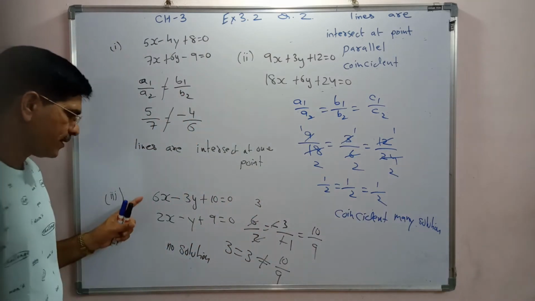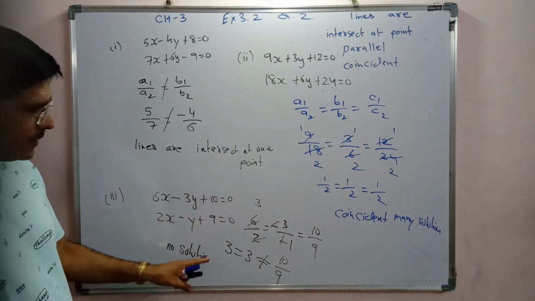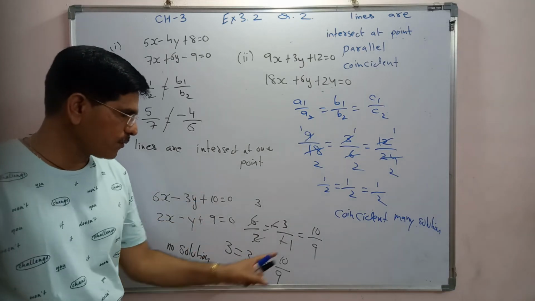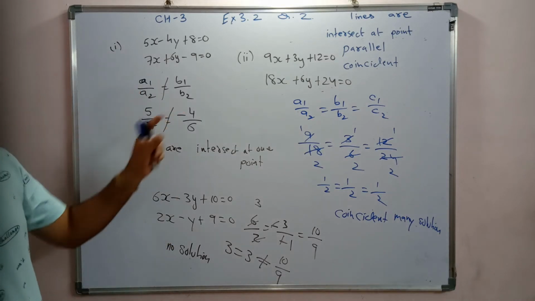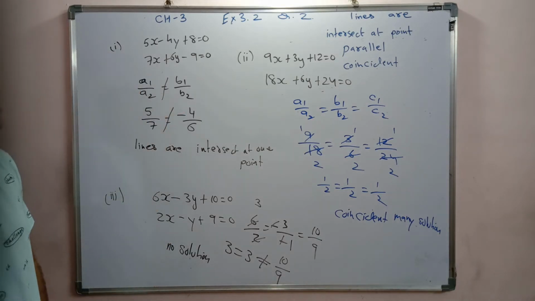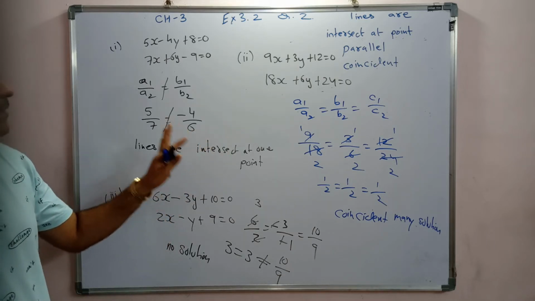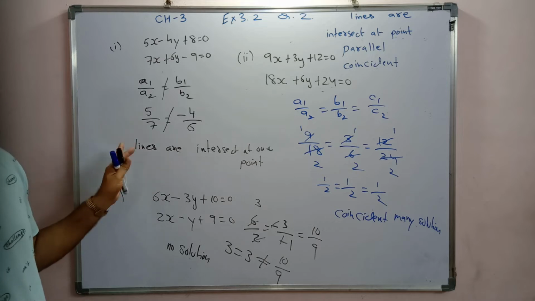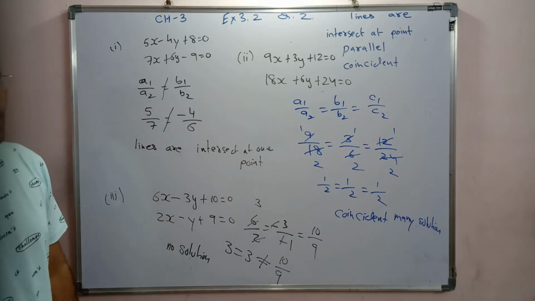And here 6 upon 2, minus 3 upon minus 1, 10 upon 9. So 3 is equal to 3, not equal to 10 upon 9, so no solution. So exercise 3.2 question number 2 is like that: we have to find whether two lines intersect at a point, are parallel, or are coincident.